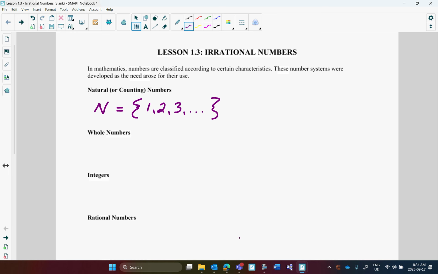The next number system is the whole numbers, which includes all these numbers, but one more number. And that is 0. So every whole number is made up of all the natural numbers and 0.